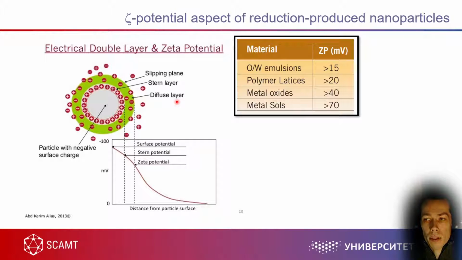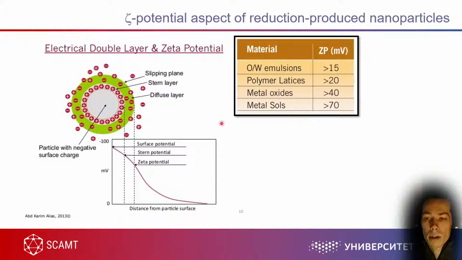And if we look at different zeta-potentials, which are measured in millivolts, usually for different metal oxides, most of us work with metal oxides or just metal particles, for most of the particles to provide stability of those colloidal solutions, you need a zeta-potential of more than 30-40 millivolts, or in case of metals even higher, like 70 millivolts. And it doesn't matter what the charge is, it can be both negative or positive charge.